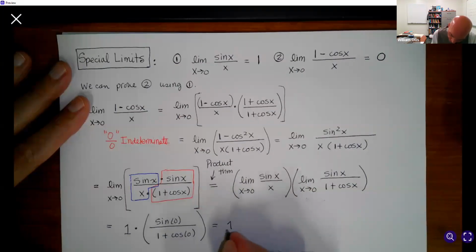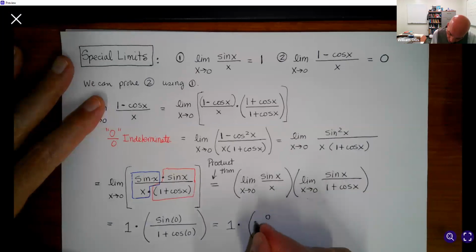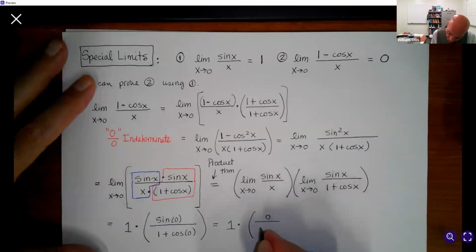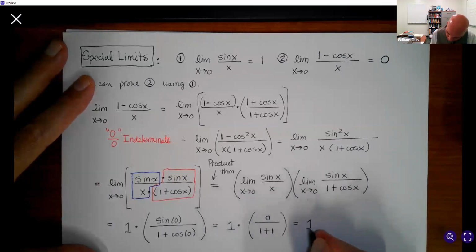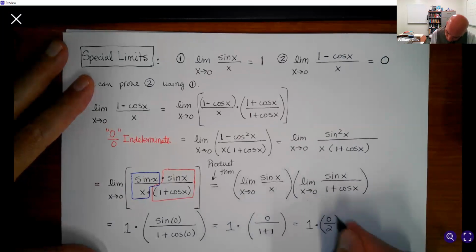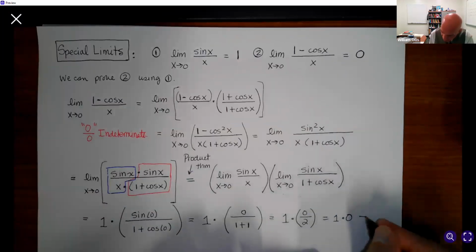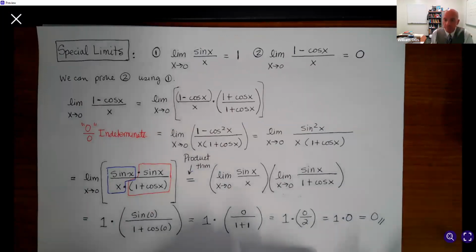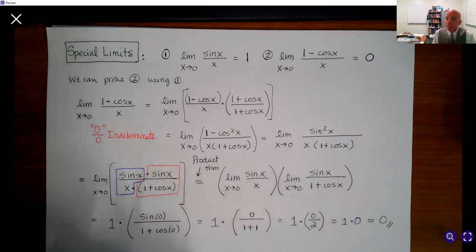So that's 1. And then, of course, sine of 0 is 0. Cosine of 0 is 1. So we have 1 plus 1. So we have 1 times 0 over 2. And this is 1 times 0, which indeed is 0. So our proof is valid.